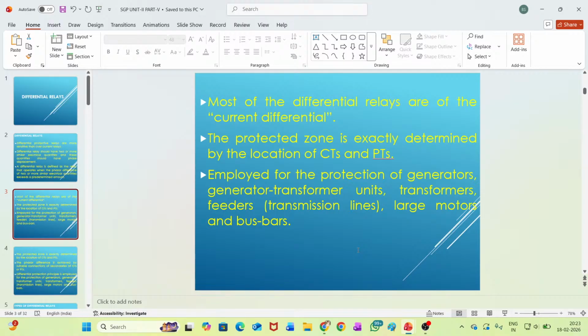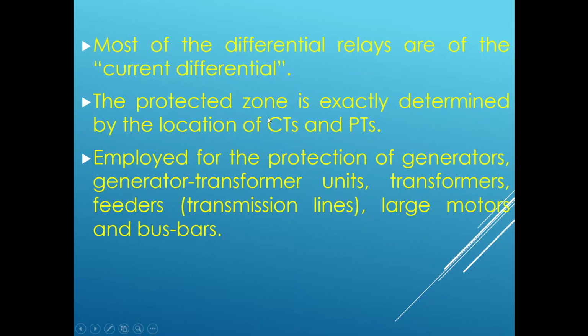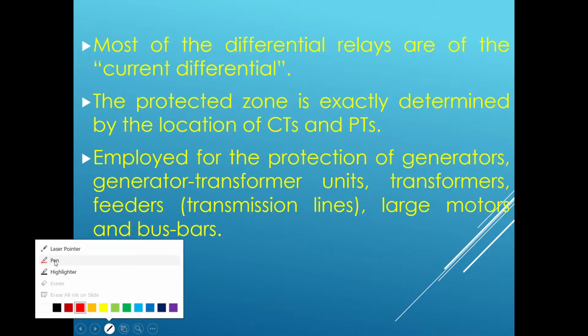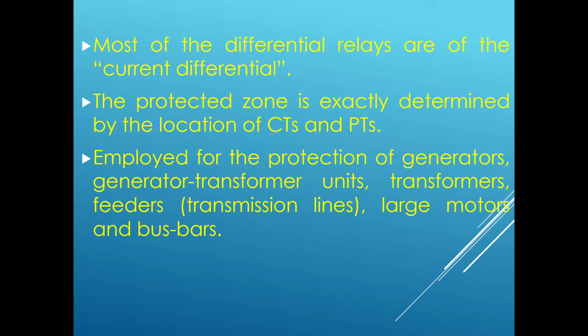Okay, so till now what we have discussed is that the differential relay's protected zone, from one location to another location, has boundaries decided by the location of the potential transformers and current transformers. The phase difference of the electrical quantity is achieved by suitable connection of the secondaries of the CTs and VTs.